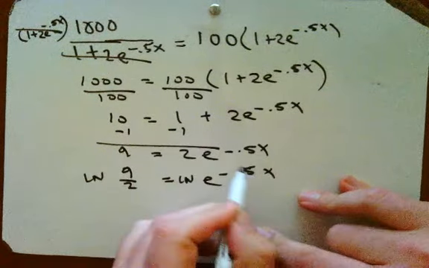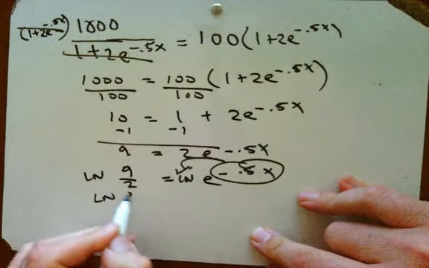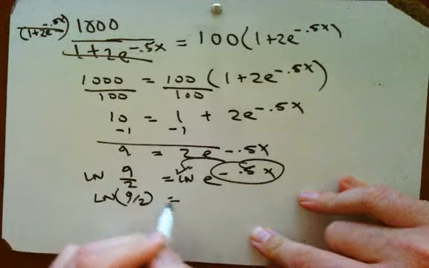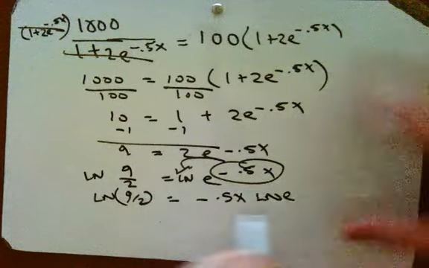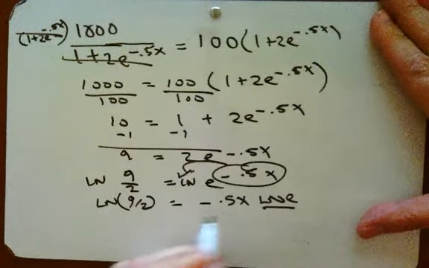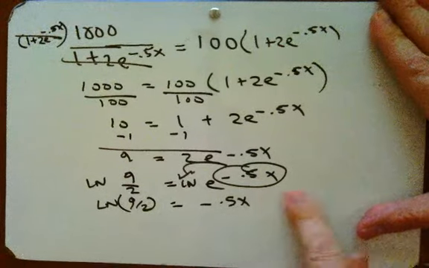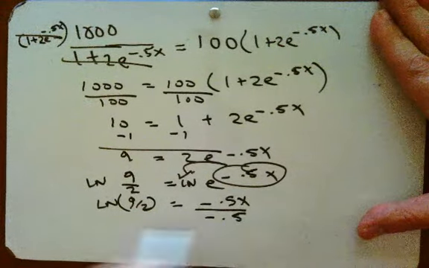Yes, you can distribute, but I'm not going to. I'm going to divide both sides by 100, and I'm going to get 10 equals 1 plus 2 e to the negative 0.5x. I'm going to subtract 1 from both sides. I'll get 9 equals 2 e to the negative 0.5x. I'll divide both sides by 2.